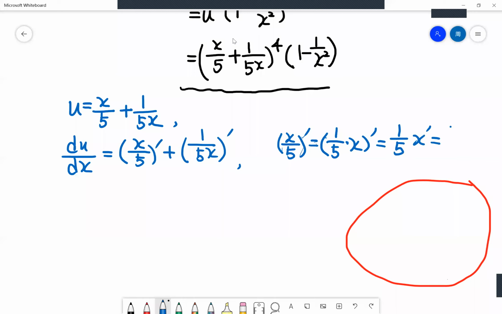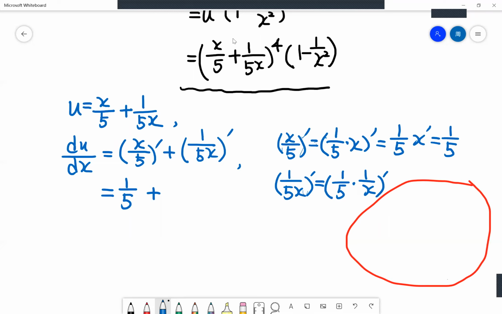So that equals 1/5. And the second part, plus (1/(5x))', here also 1/5 is a constant, and then times 1/x. So you will see 1/5 times 1/x equals 1/(5x), right?